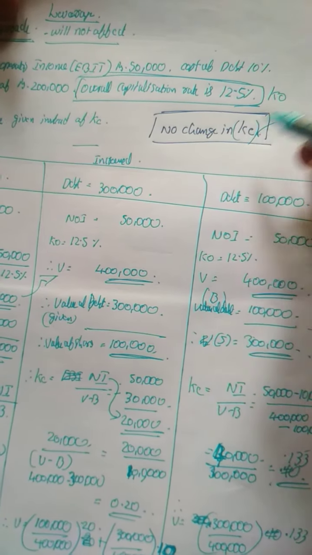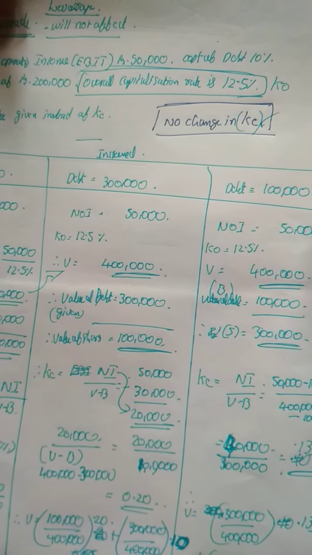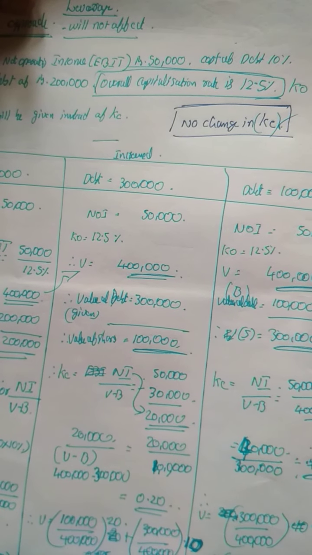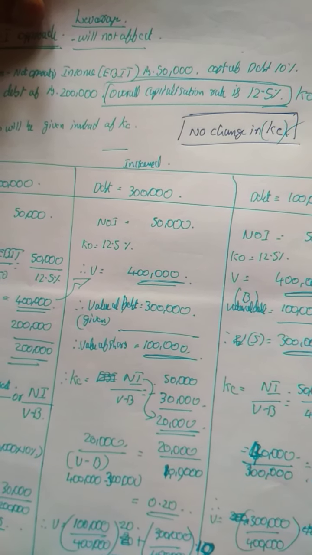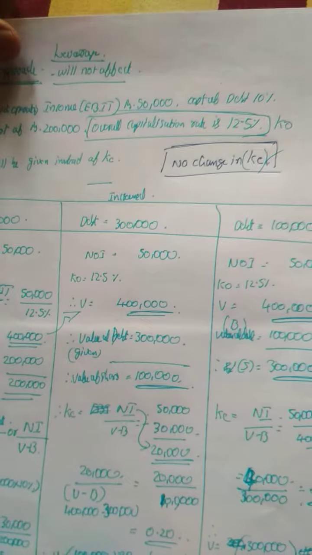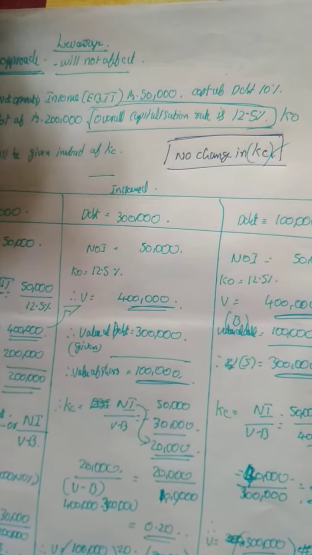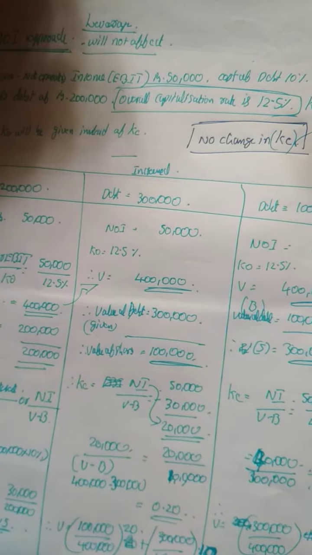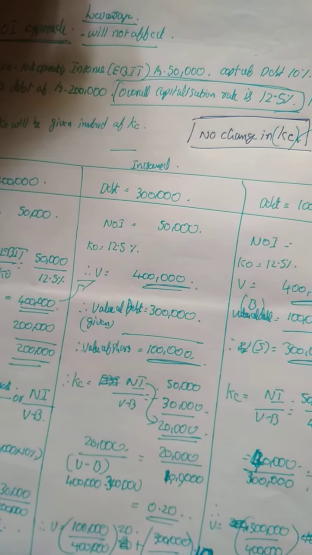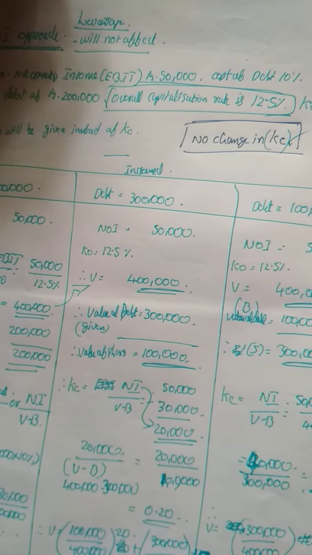That is why we determine the optimum capital structure by using various models. The optimum capital structure is the combination of the debt-equity mix where we could find out the value of the company.